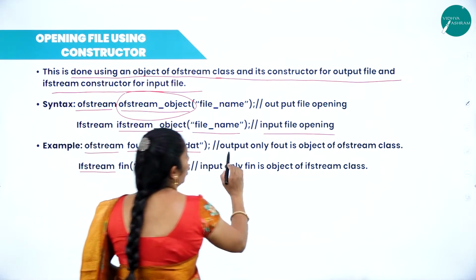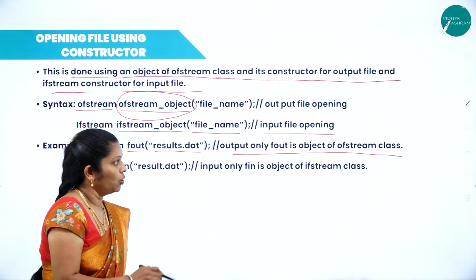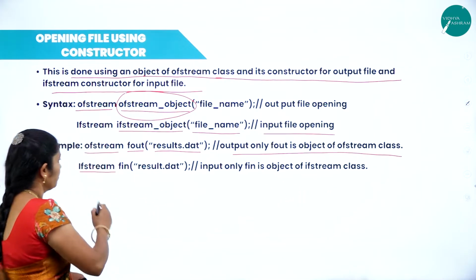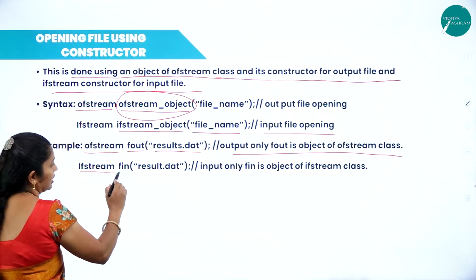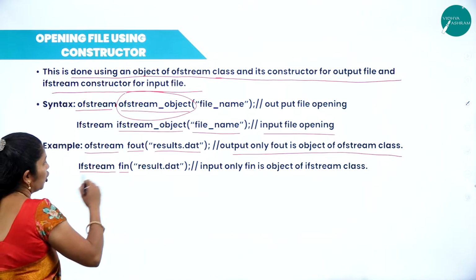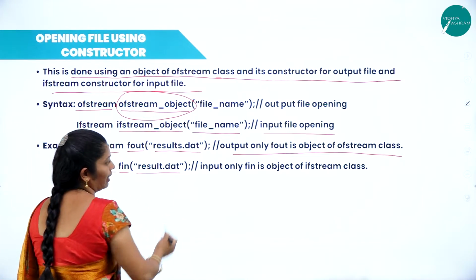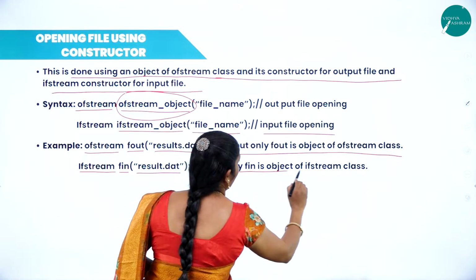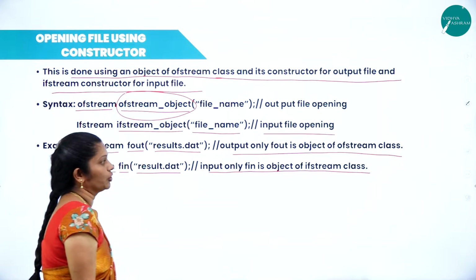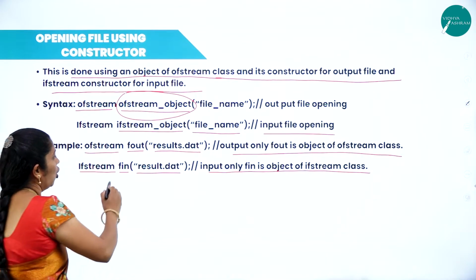This is only for the output operation, especially here. In the same way, for ifstream, this is the object, the ifstream object. Then write the file name, for input only. fin is the object of the ifstream class. This is the object here.